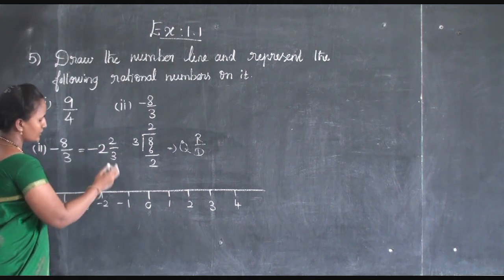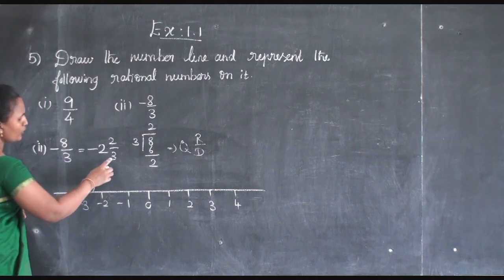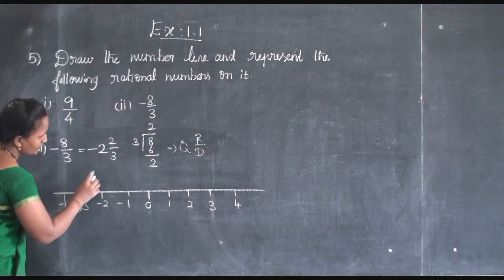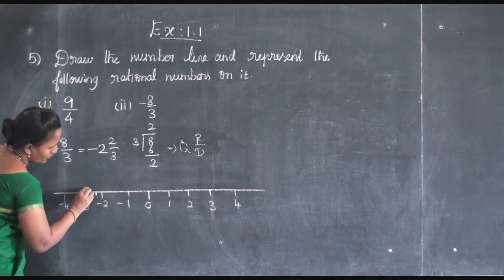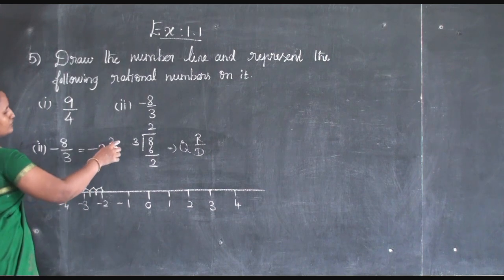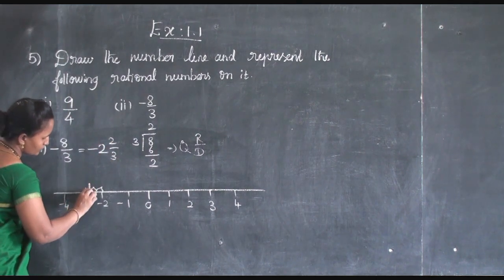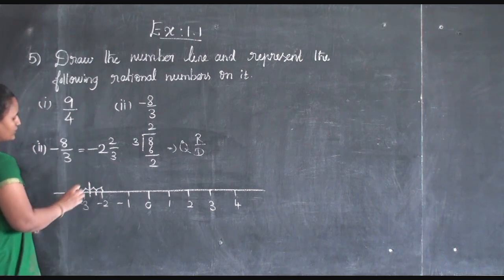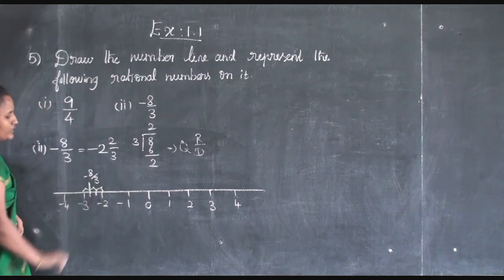So the number lies in between -2 and -3. How many parts we have to divide? 3 parts. So 1, 2, 3. Which part is here? Second part. So here is the number -8/3.